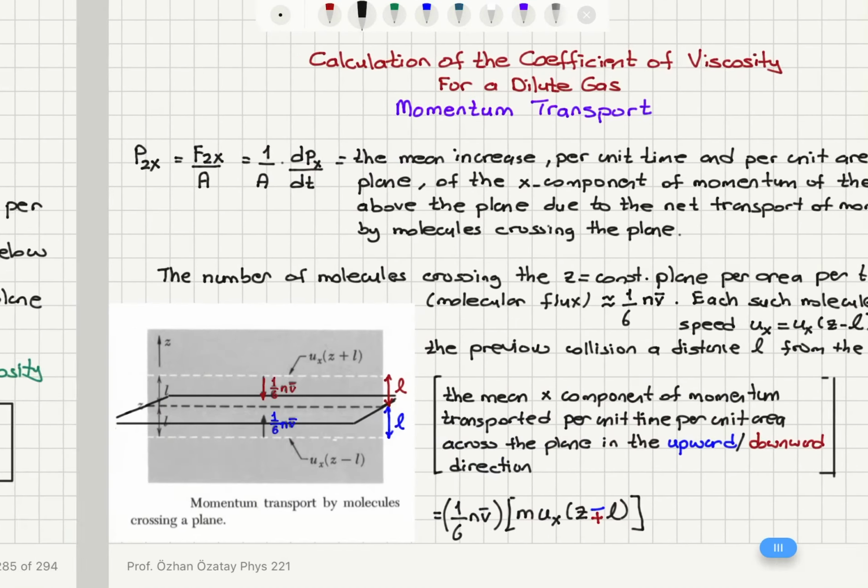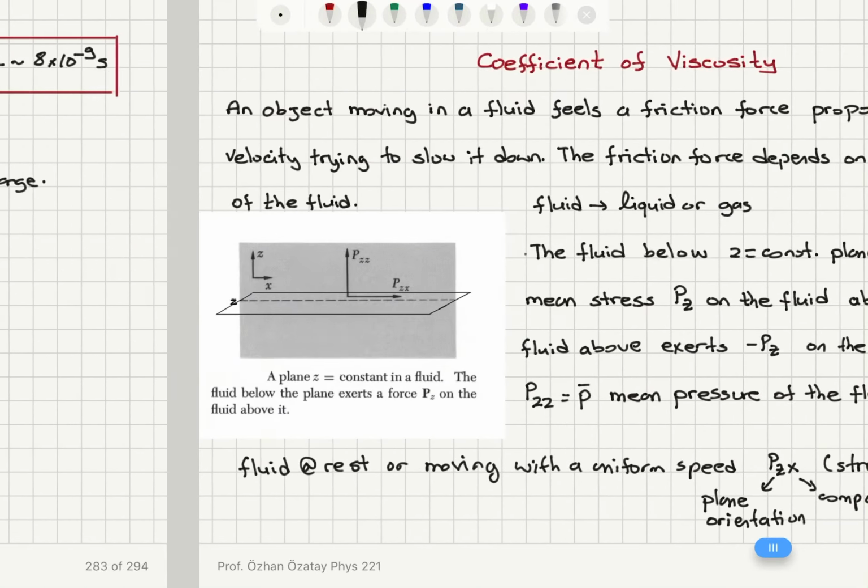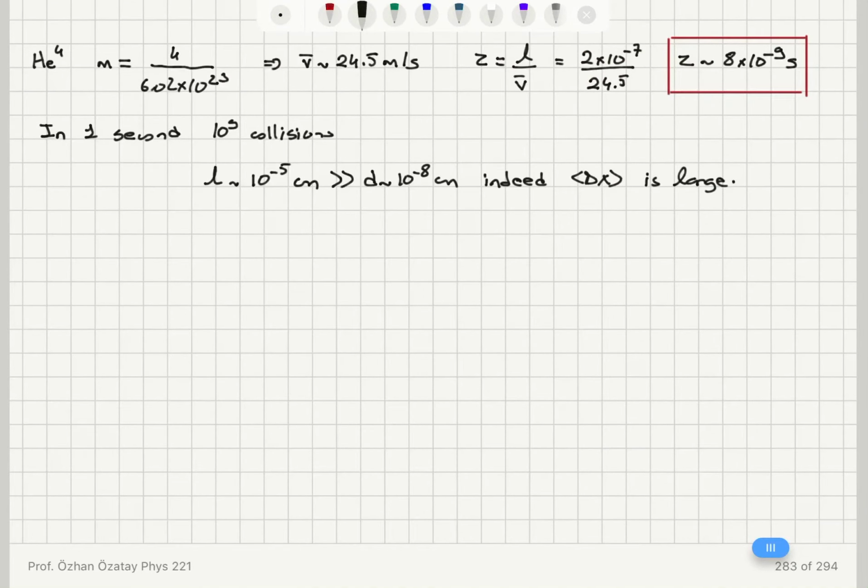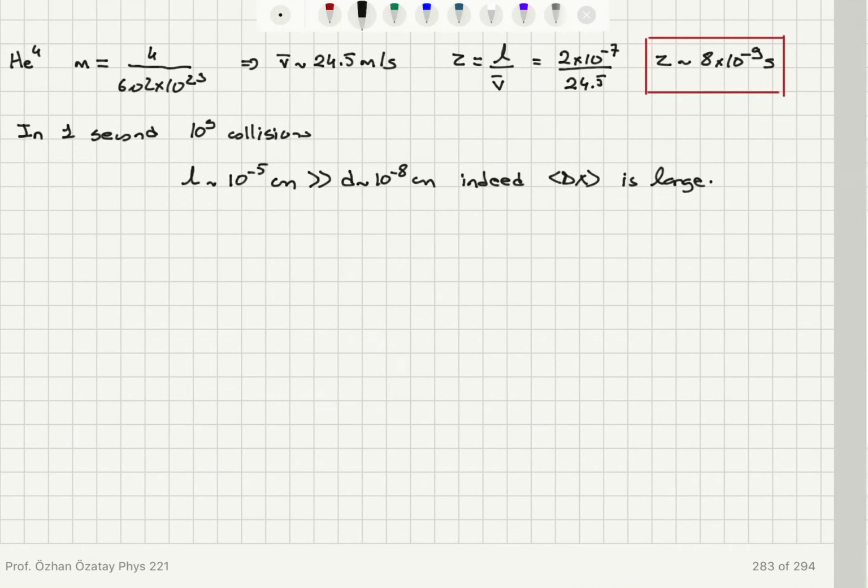So if you go back to our mean free path discussion, you can also see this L is of the order of 10 to minus 5 centimeters. This was calculated for helium.